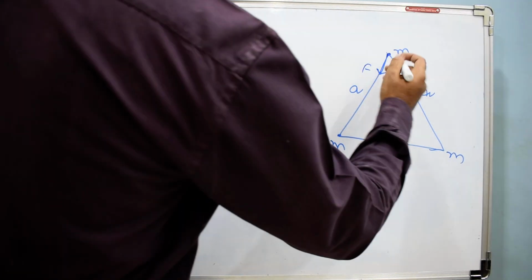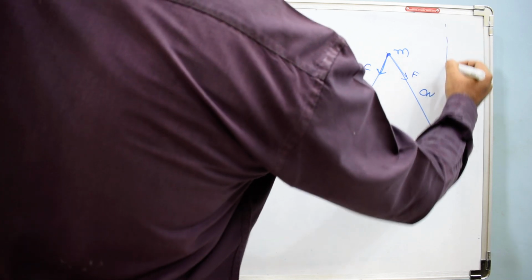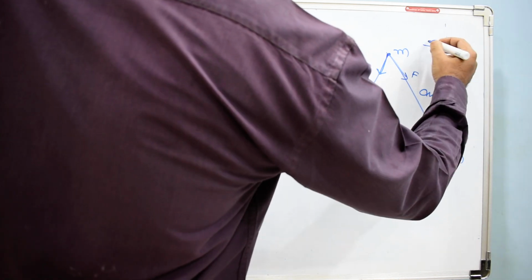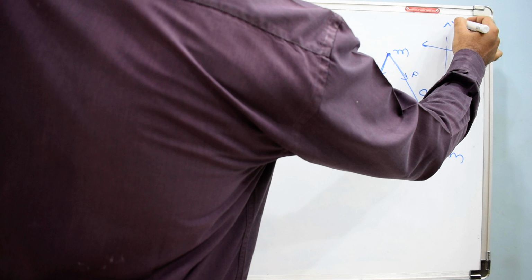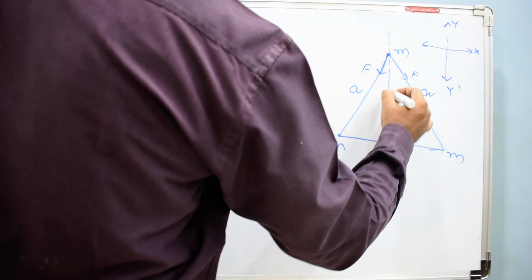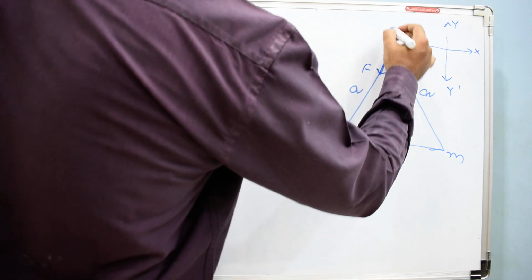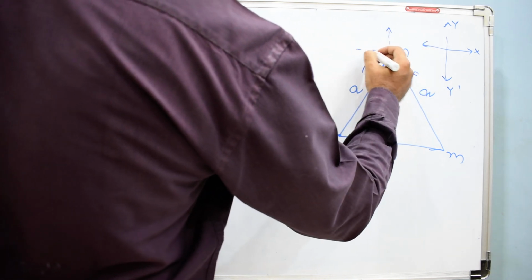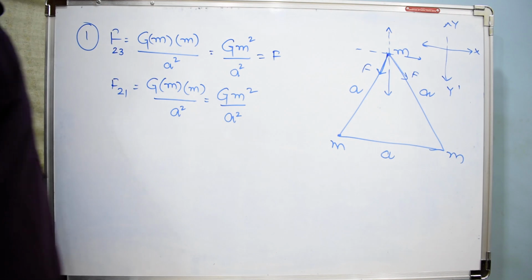So I'll pick my xy coordinate system something like this. The y-axis is the angular bisector of this angle, and the x-axis is perpendicular to it.